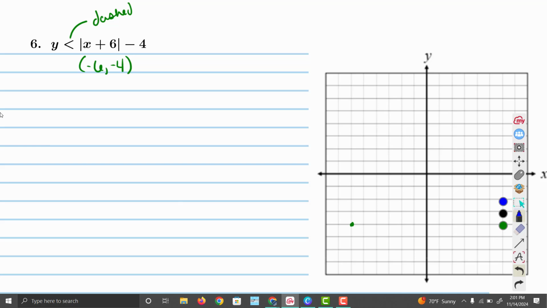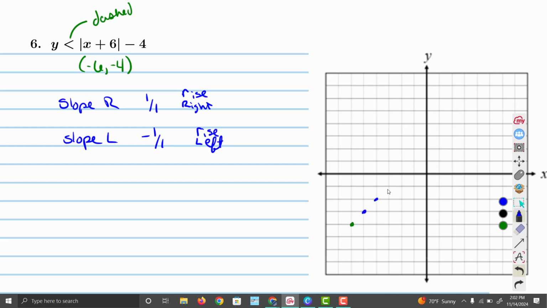My slope, as I'm going to the right, is 1 over 1. So that means as I go right, I rise or go up. My slope going to the left is a negative 1 over 1. So as I go left, I need to rise.